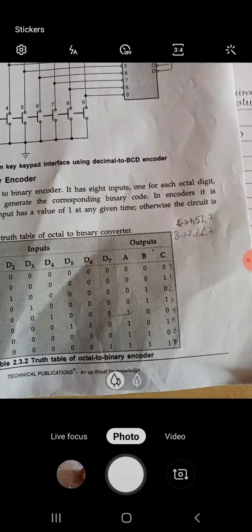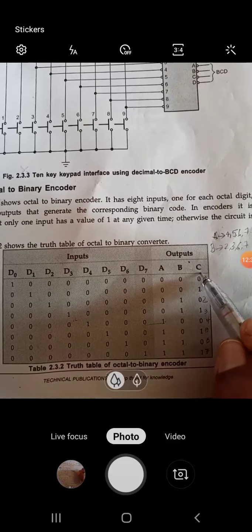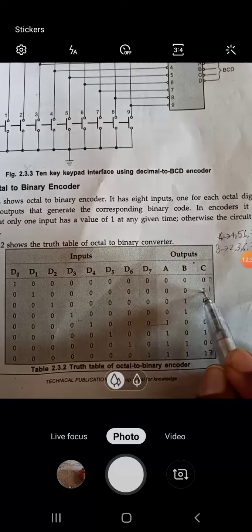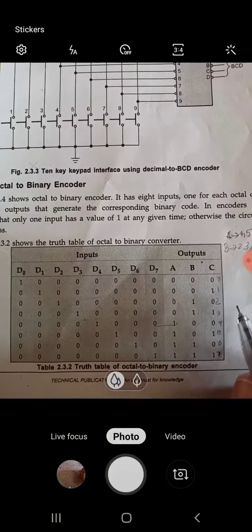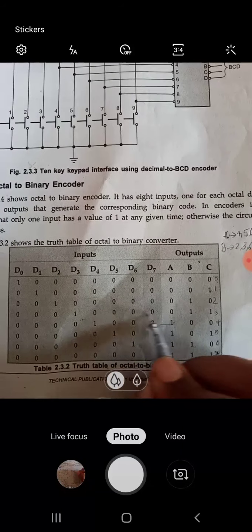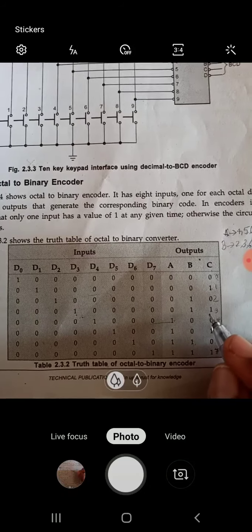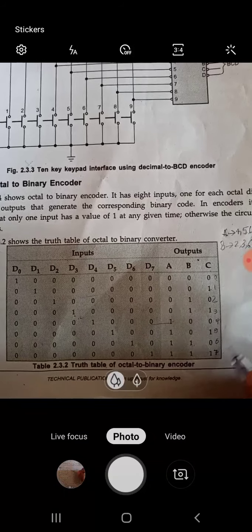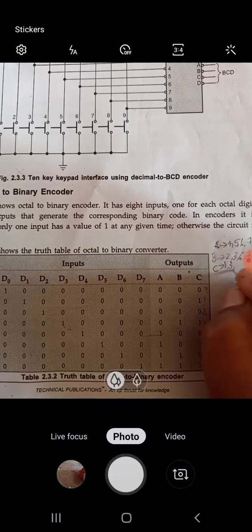Similarly for C, this 1 over here corresponds to 1, then this is 3. This is 1, 3, 5 and 7. So C is 1, 3, 5 and 7.